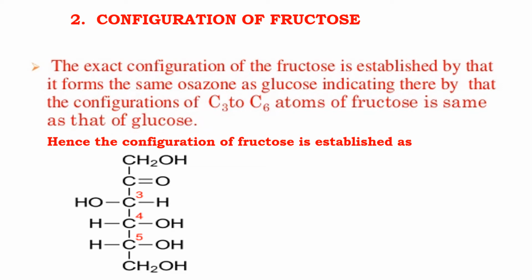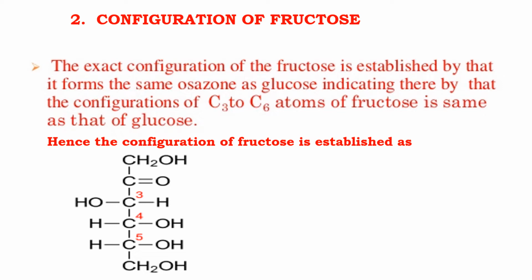That means the osazone obtained from glucose and fructose are the same. And we know when phenylhydrazine reacts with glucose or fructose, the reaction occurs at the first two carbon atoms. All the remaining carbon atoms remain the same. So we could say the configuration of third, fourth and fifth carbon atoms are the same.